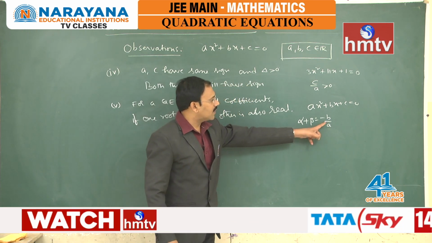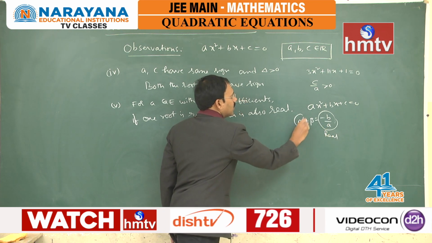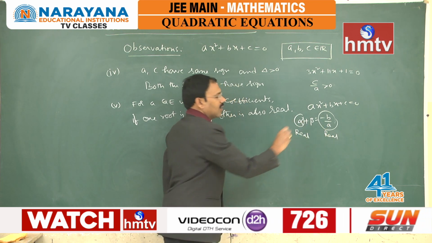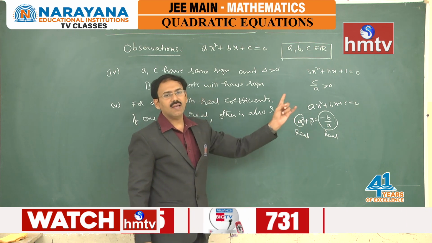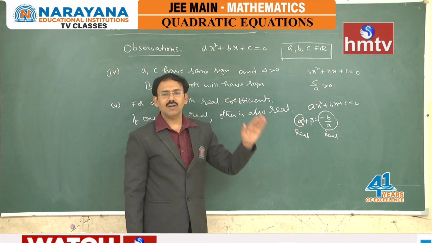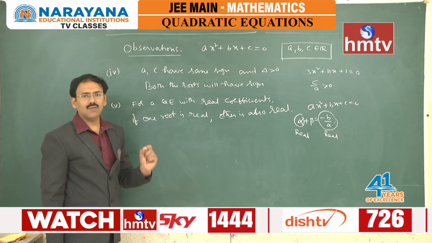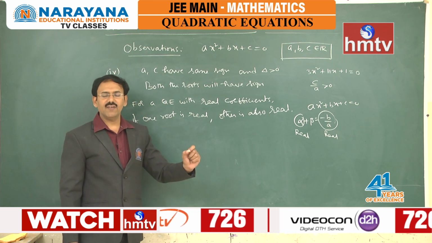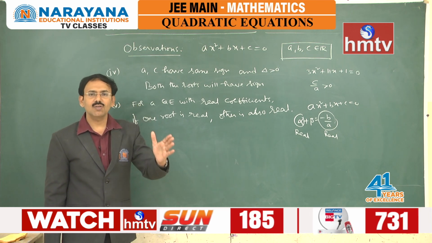Since a, b are real, this is a real number. Given that one root is real, alpha is a real number. So beta is going to be minus b by a minus alpha. A real number minus a real number must be a real number, and hence for a quadratic equation with real coefficients, if one root is real, the other root must also be real.